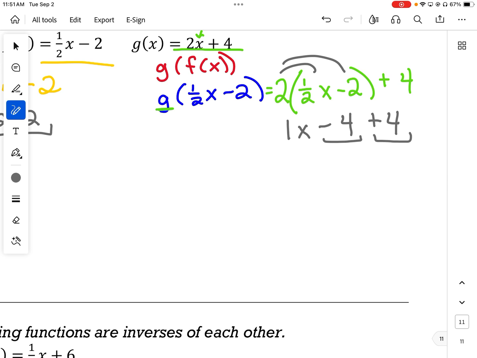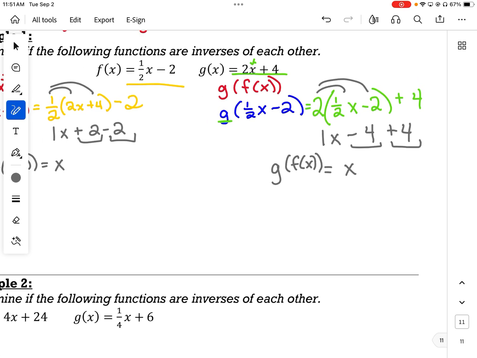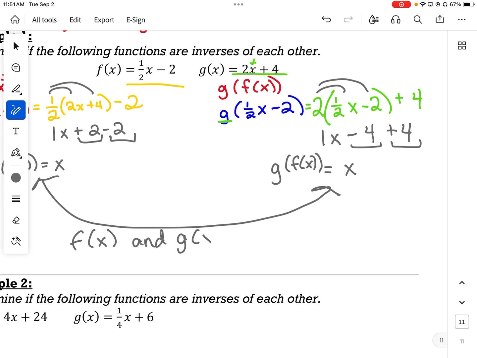So that leaves us with x. 1x is just x. So g of f of x equals x. Because both of these equal x, they are inverses. f of x and g of x are inverses.